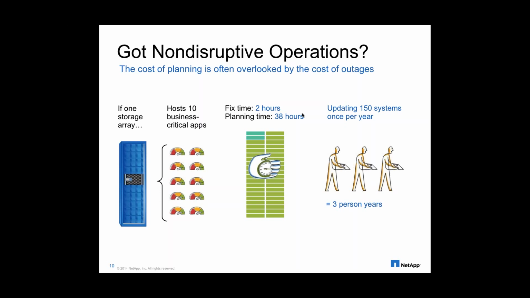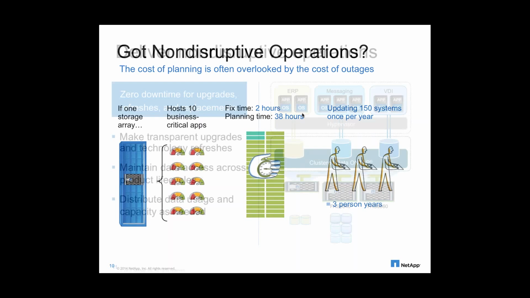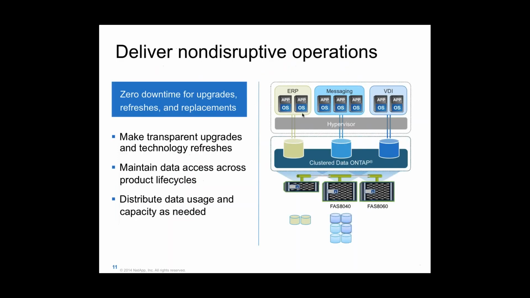Outages now have to become a thing of the past in order to provide the service level that our customers are looking for. And that's one of the things that we gain through Cluster Data ONTAP: true non-disruptive operations. Now I can make changes.